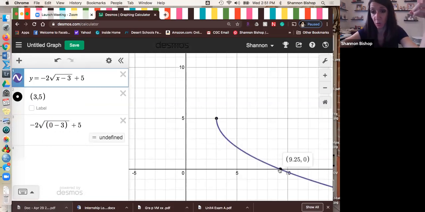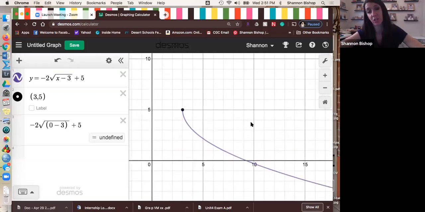Yes, there's a horizontal intercept. Yes, there's a starting point. We know that the domain is everything to the right of 3. And then last but not least is the range. And the range is the very last thing you're going to do, every single time, promise me. The range is the last piece where you sit back and look at all your information and say, what are the y values doing?